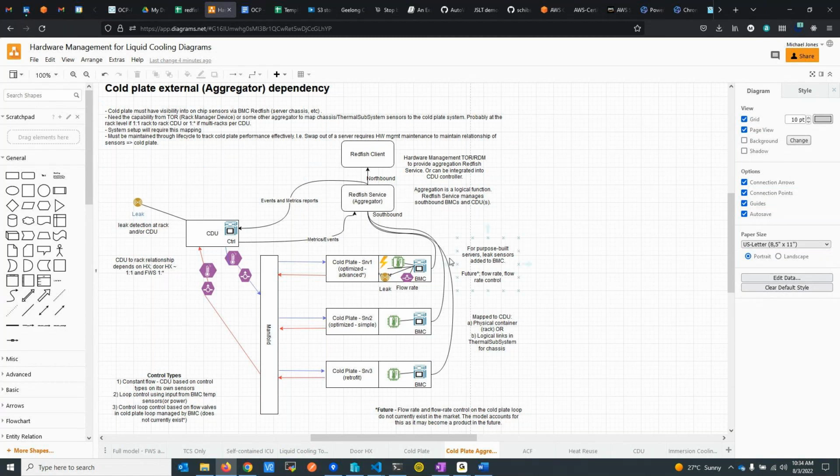Cool. As far as I can tell, it's identical, except this bit here is not via a couple of connectors. The whole thing is submerged, or I don't know if it's submerged or you just have an enclosed chassis that you fill up with coolant.